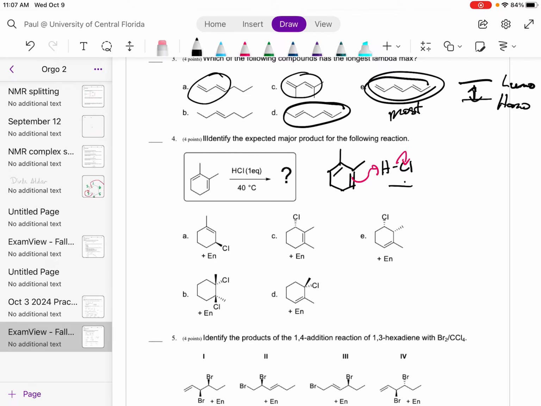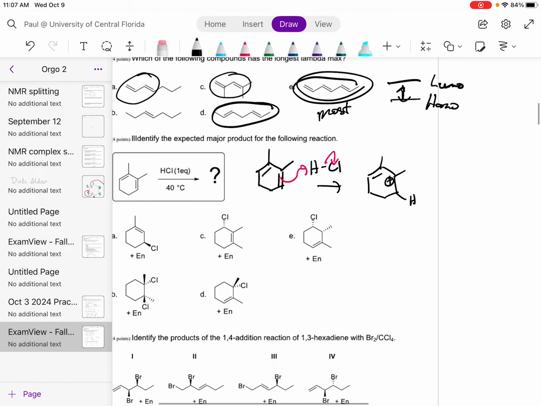So that's going to tell us that we want the thermodynamic product. And so when we add that hydrogen, we're going to add the hydrogen there so we get a tertiary allylic cation. And then the chloride is floating around. And then if it attacks that carbocation as is, then we are going to get a 1,2 addition.